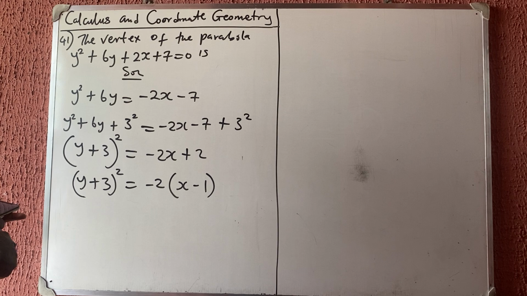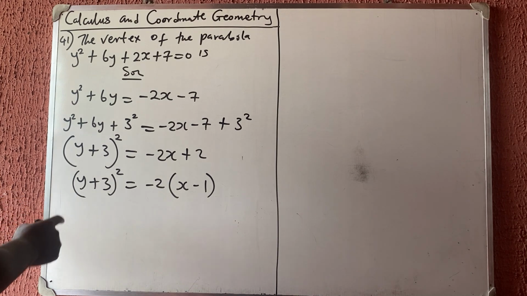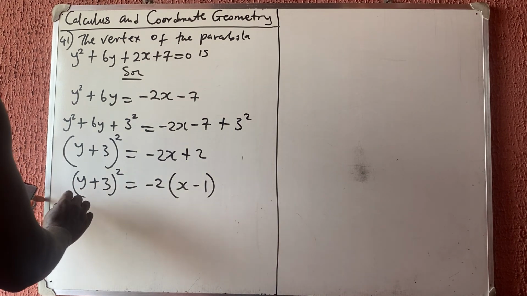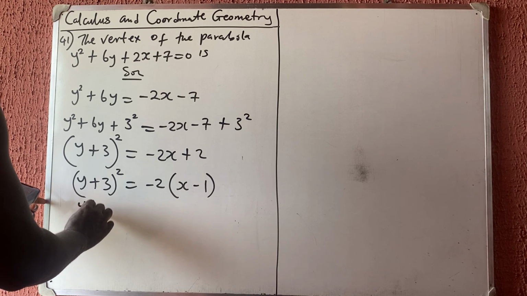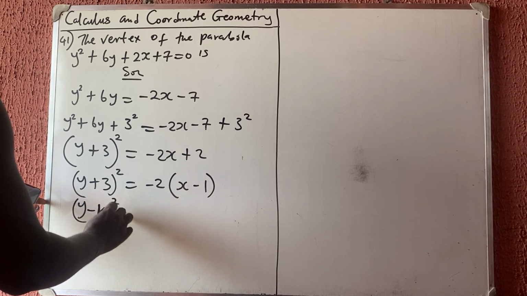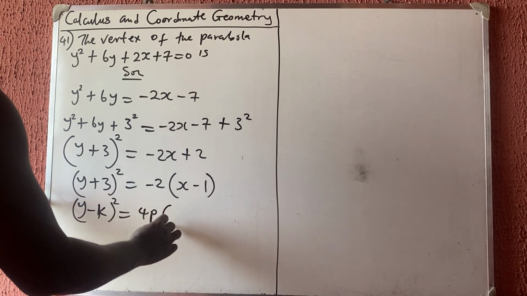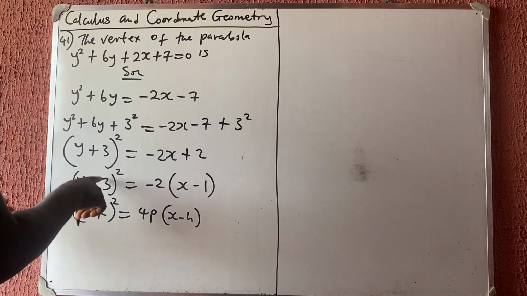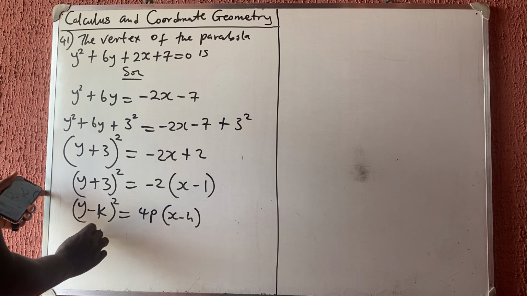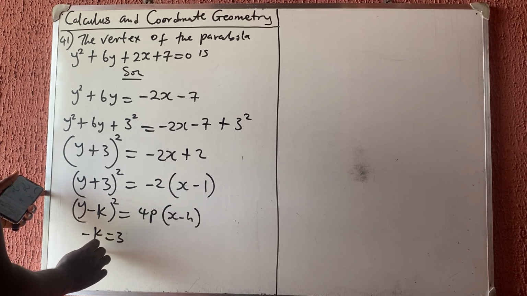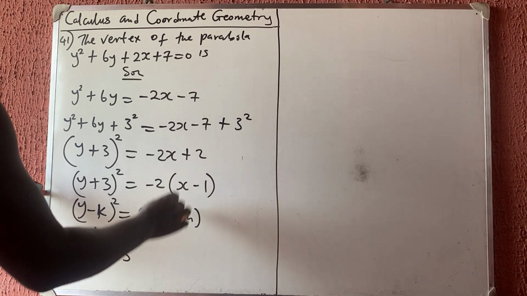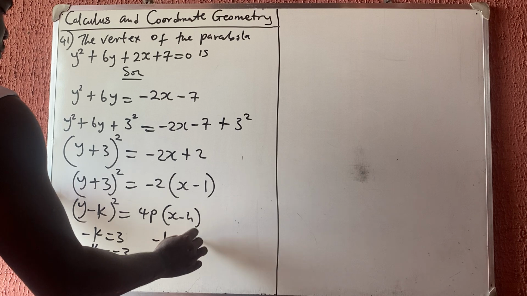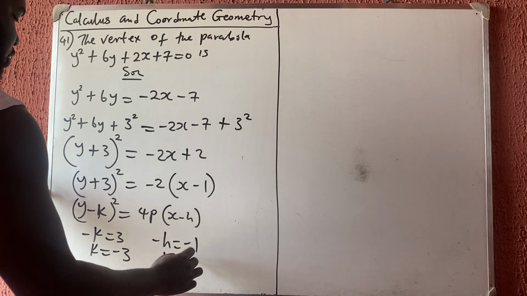The vertex of a parabola is the center of that parabola. So writing the general parabolic equation, that is y minus k all squared is equal to 4p in bracket of x minus h. If you compare this, you will see that minus k is equal to 3, which shows that k is equal to minus 3. If you compare here, you see that minus h is equal to minus 1, which shows that h is equal to 1.